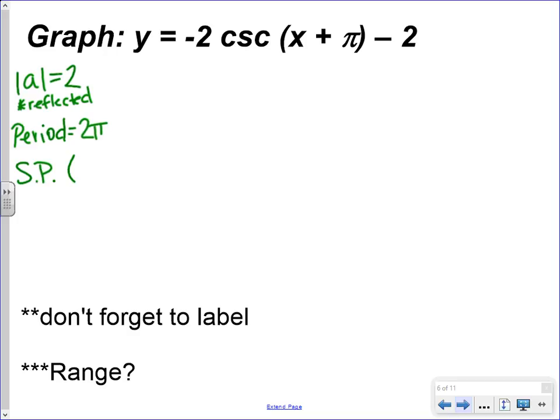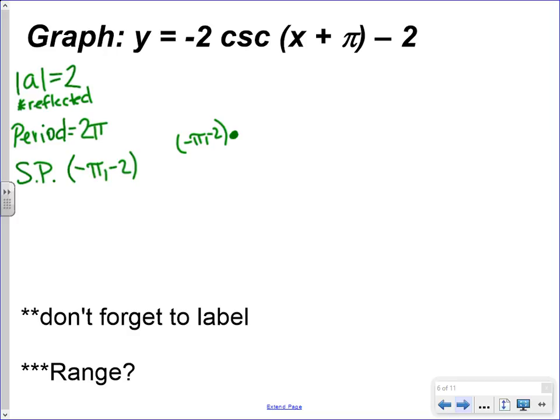And then our starting point, since B is 1, would be what, Marley? -π, -2. Ooh, -π, -2. Very good. Remember, this is Bx minus C, so our starting point is -π, -2. Our A value is -2.